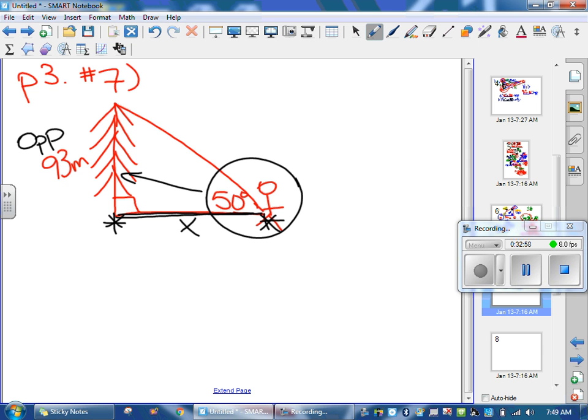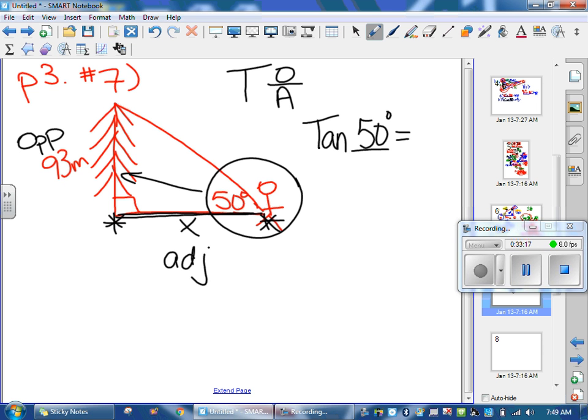So in order to do that, I start by writing my tan, and you write your angle next to it if you have it. 50 degrees equals opposite on top, 93, over adjacent on the bottom, x. Again, we're in a situation where we're going to be dividing. They switch places.